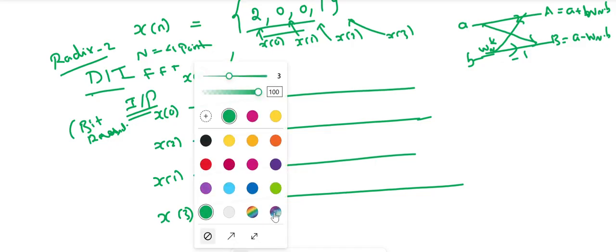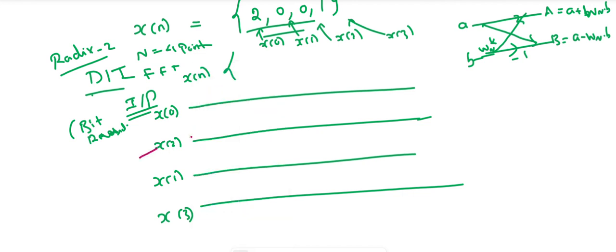The butterfly here, each stage has two butterflies. The first stage is stage 1. The lower wings are minus 1.